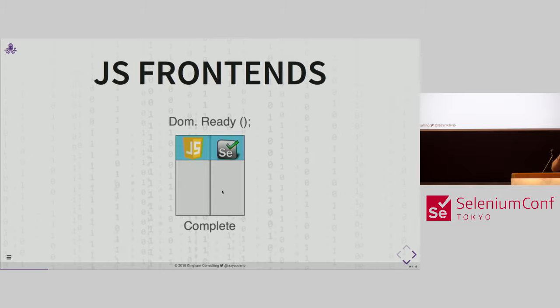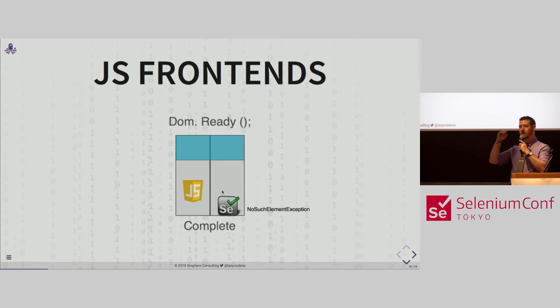JavaScript only executes when the browser returns the DOM ready command internally. At that point in time, both Selenium and JavaScript kick off at the same time. And at that point, it's a race of who's going to win. If JavaScript wins, the element is found, everything's hunky-dory, no problems at all.